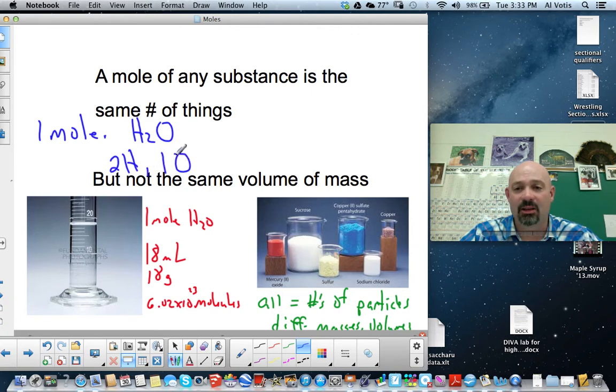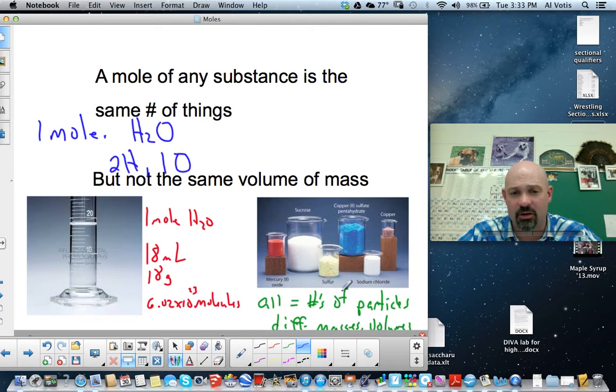So every molecule has 3 atoms in it. So if I had 2 molecules, that would be 6 atoms. If I had 10 molecules, that would be 30 atoms. If I had 100 molecules, it would be 300 atoms. If I had a mole of molecules, that would be 3 moles of atoms: 2 moles of hydrogens, 1 mole of oxygen atoms.